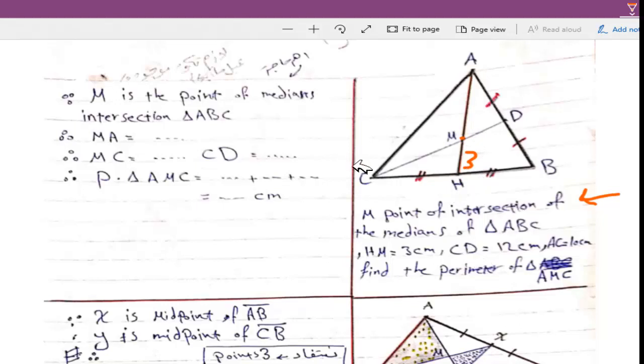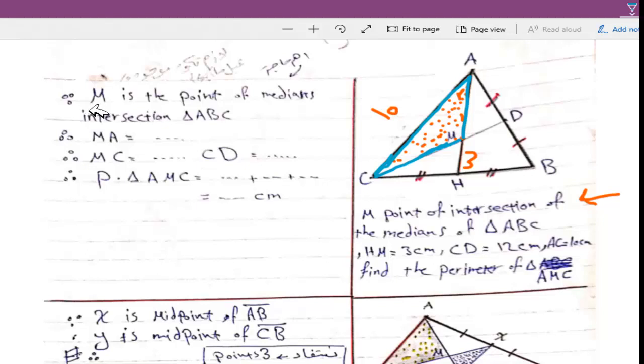CD, this is the median, all of this is 12, and AC equals 10. Find the perimeter of the triangle AMC, this triangle.